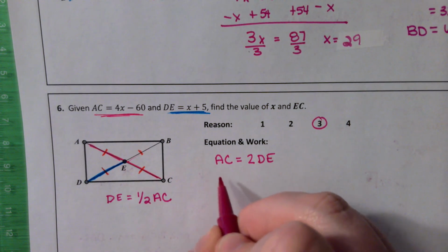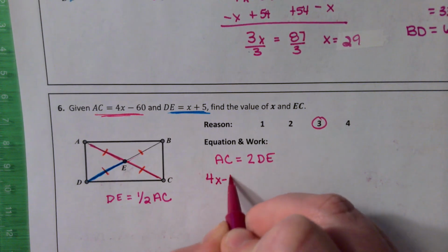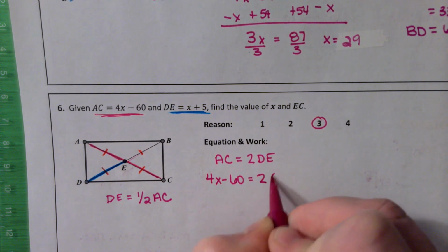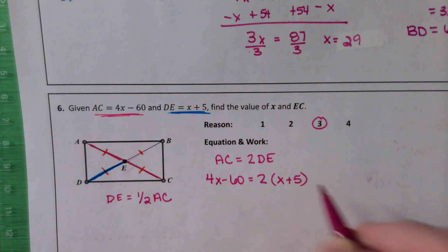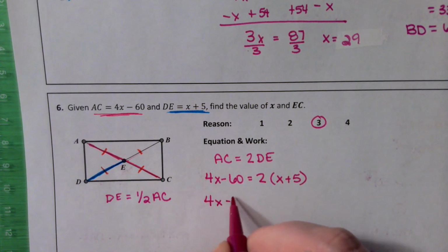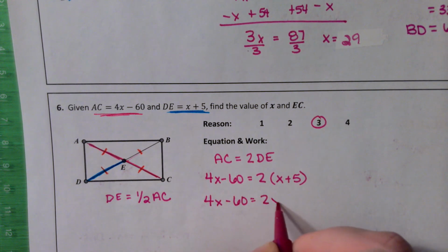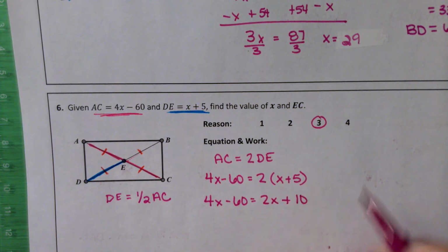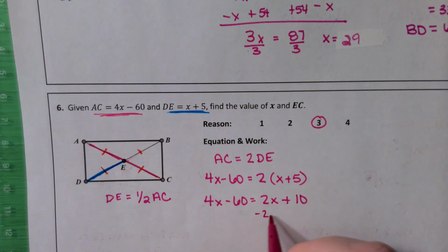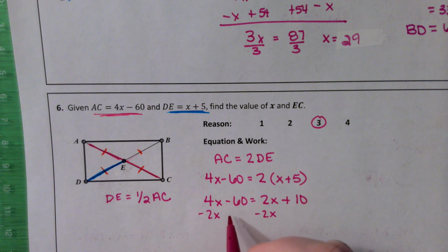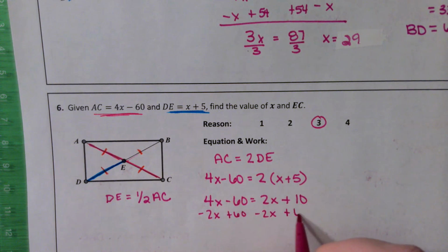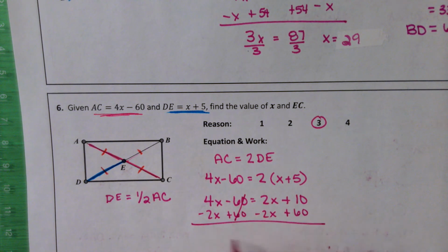So with that, 4x minus 60 equals 2 times x plus 5. 4x minus 60 equals 2x plus 10 with distribution. Minus 2x, minus 2x, plus 60, plus 60. 2x equals 70. Divide by 2. X equals 35.